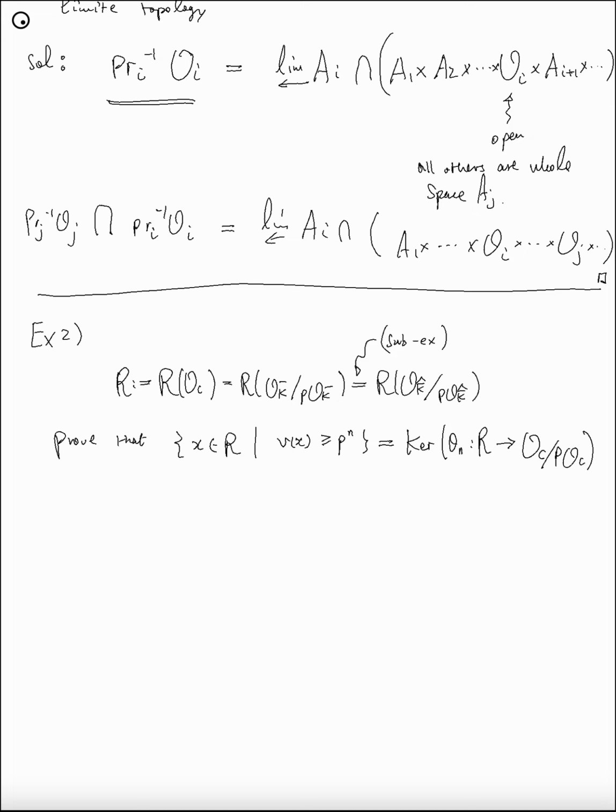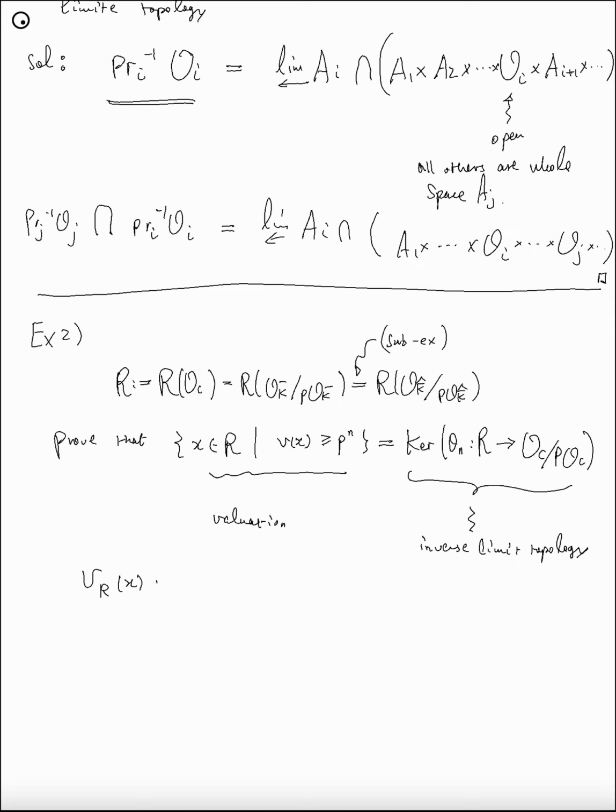On the one side we have the one that comes from here, which corresponds to the inverse limit topology. The other corresponds to the valuation topology. We haven't really defined what the valuation on R is.